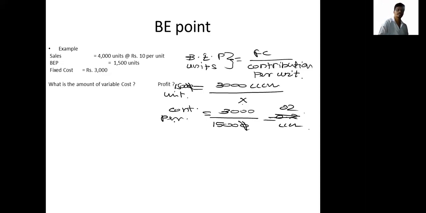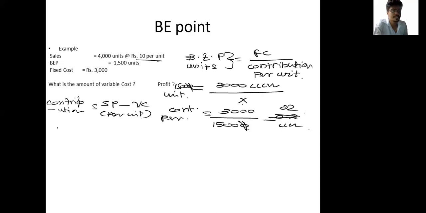Now you know the contribution per unit is rupees 2, and the selling price per unit is 10. So contribution equals selling price per unit minus variable cost per unit. We have calculated the contribution as rupees 2.